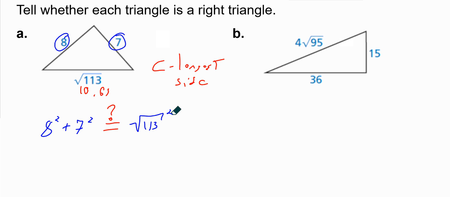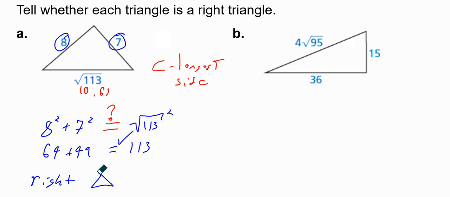So as we do this, we get 64 plus 49 equals, well, the square cancels out the square root, so 113. 64 plus 49 is 113. So this is a right triangle. And I can identify my right angle now as being this angle that would have to be across from my hypotenuse.